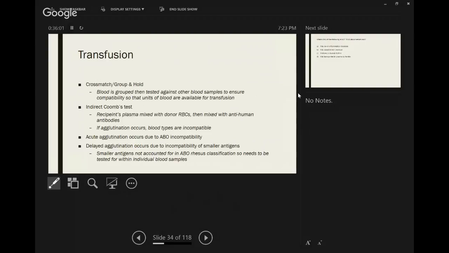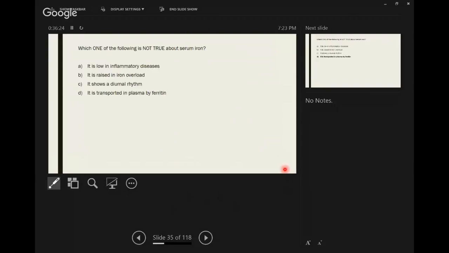So even though we only think about, like, the major blood groups, and in an emergency, as long as it adheres to those major blood groups, ABO, positive, negative, you're going to be okay. For cross-match or transfusion, they do really specific typing to make sure that blood is as close to perfect for you as it can. It's checked with an indirect Coombs test, and so I think I just talked about that.